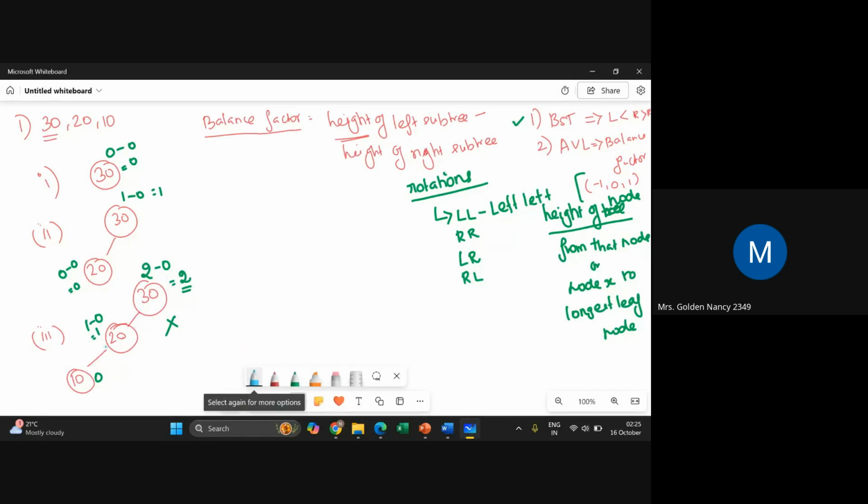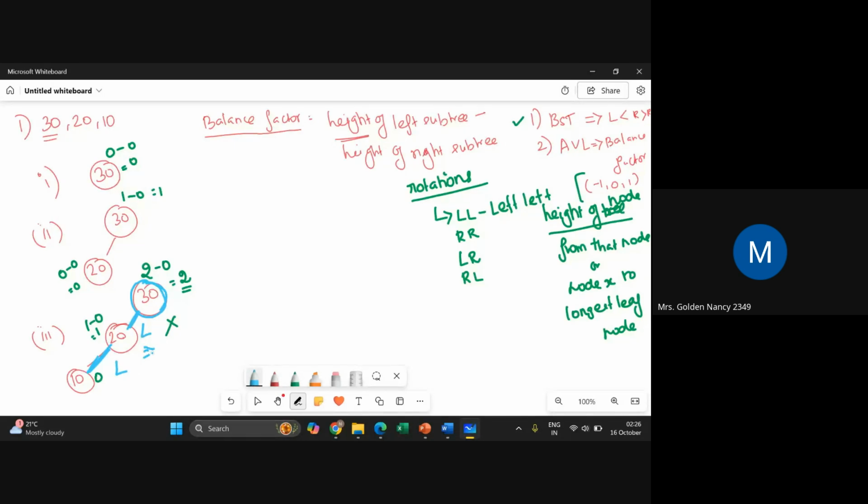You have inserted a node, and the problem occurred for this node. Node 30 faced the balance factor problem. Why did it face that problem? Because a new node is attached to the left of its left, that is, the left subtree's left part.